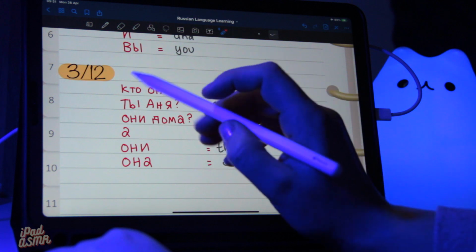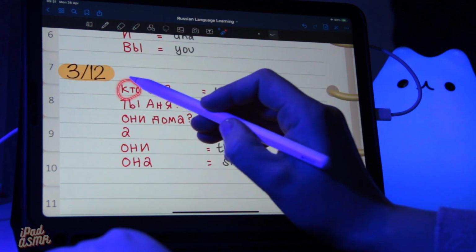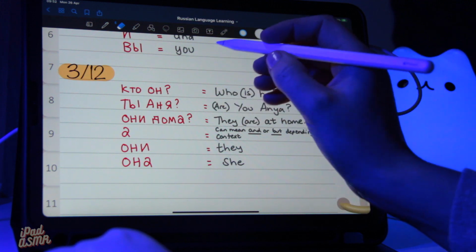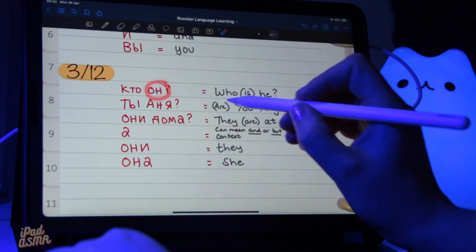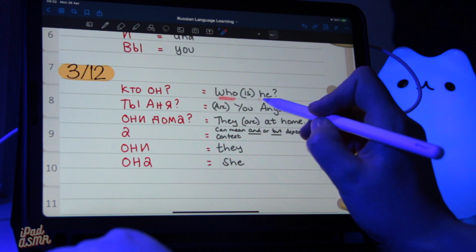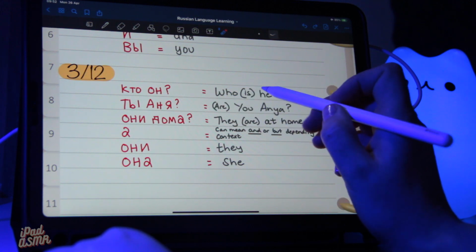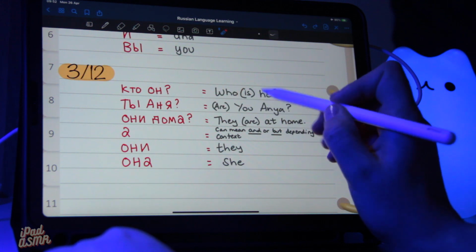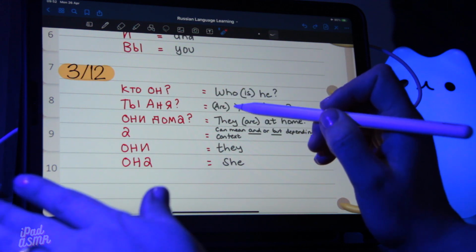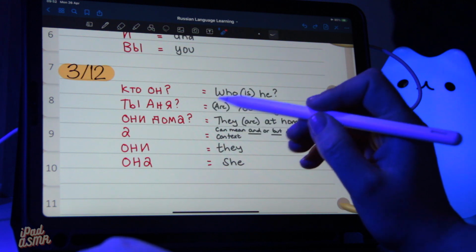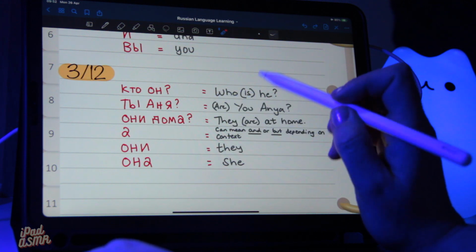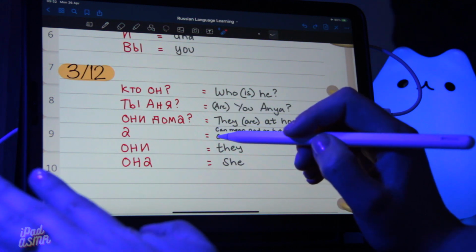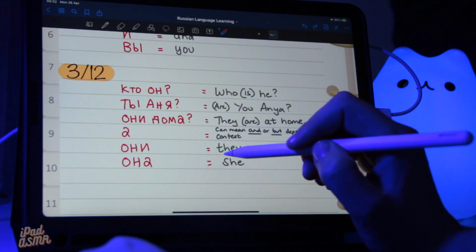Now you notice that this is just who and he. So literally it's who he. In Russian they don't have the articles like is. It's literally more simple than that. It's literally who he, where they, you home sort of thing, which I love. I love that straight to the point way of speaking.